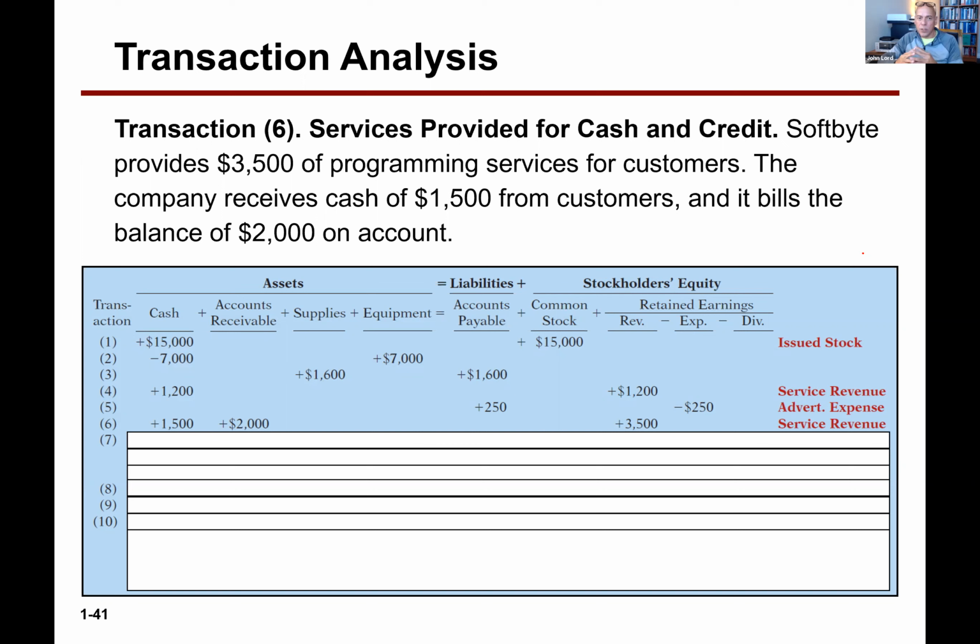What causes me to recognize an expense is the expiration. And guys, I'm not trying to be condescending by saying it that way. I just want you to see the connection between what these words are telling us. The expiration of future economic benefit is what causes me to recognize an expense.